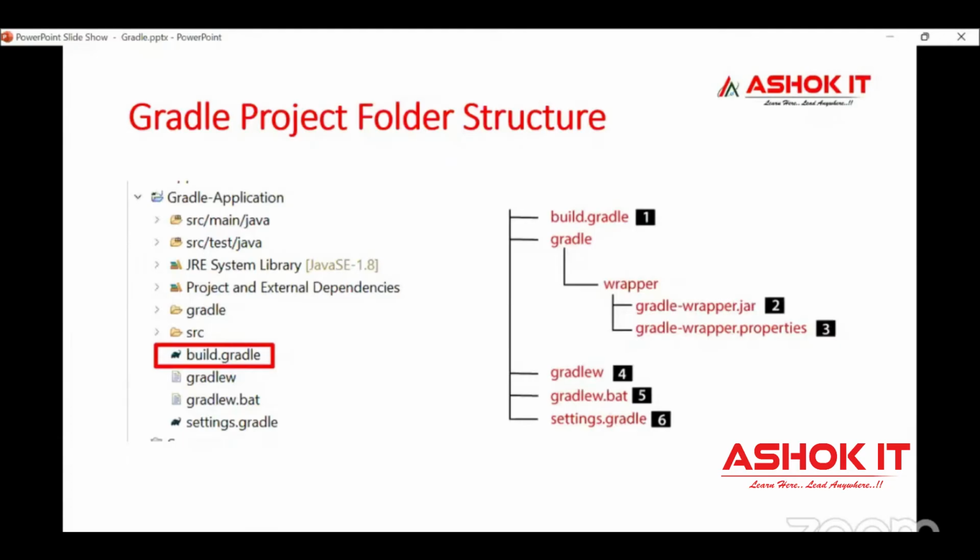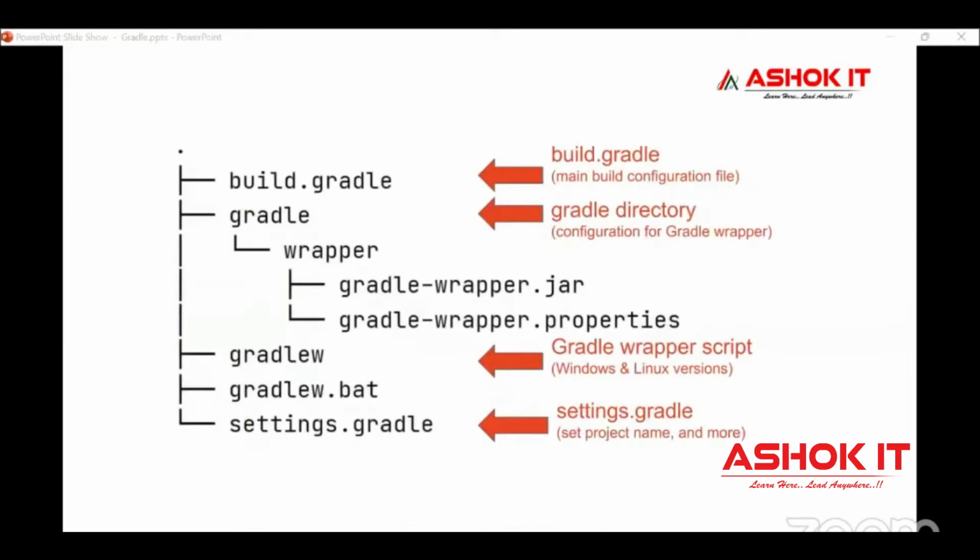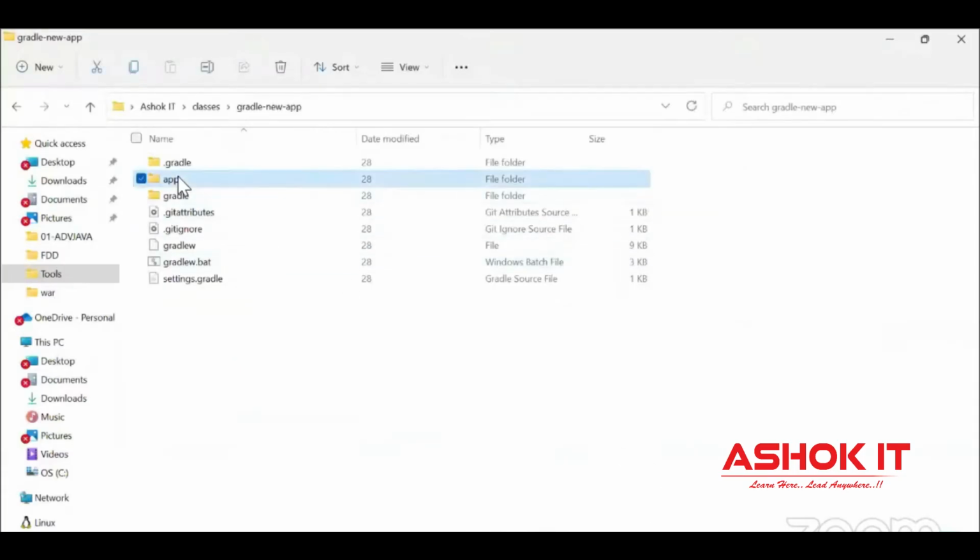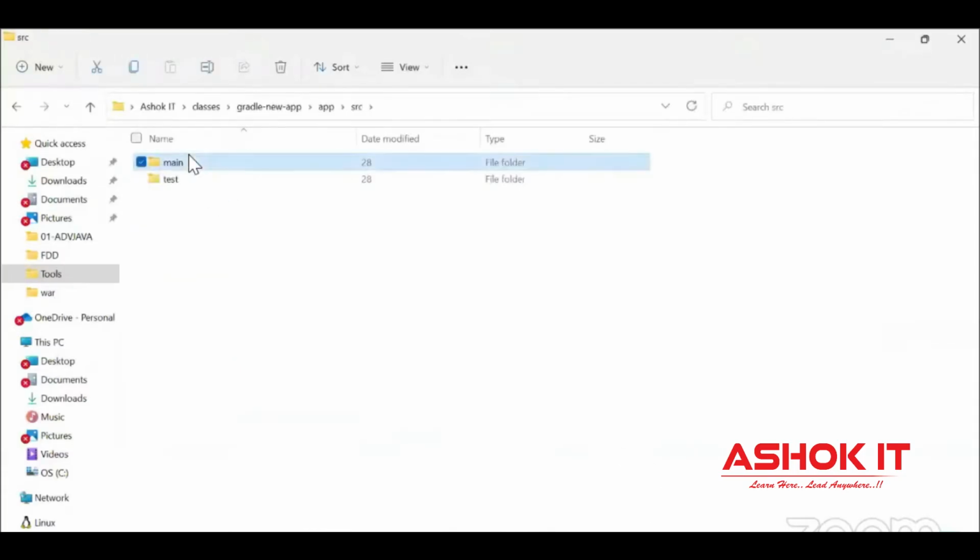It is very easy. Once the Gradle project is created, src/main/java and src/test/java will be created, along with the build.gradle file, gradlew, gradlew.bat, and settings.gradle. Once this is available, see the app, src, main, java, in.ashokit, App.java.